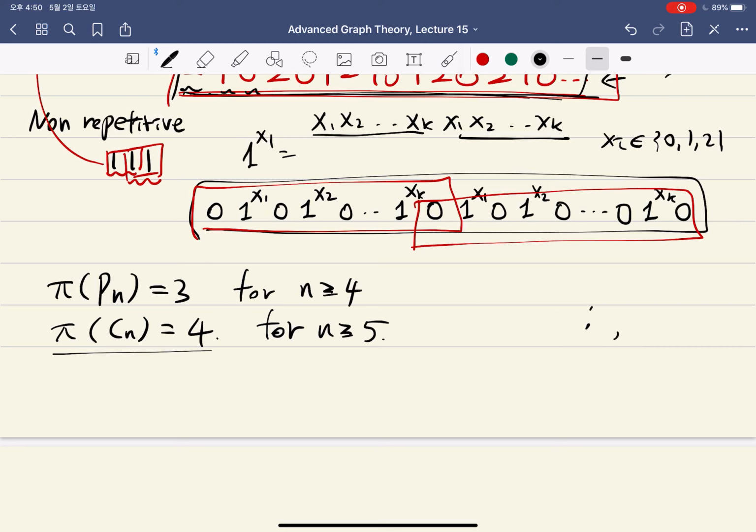Because 4 is 1, 2, 3, 2. This is okay. And then 5, 1, 2, 3. So I'm not quite sure what's the minimum length, but for long cycles, we can show that the cycle has dual number exactly 4.